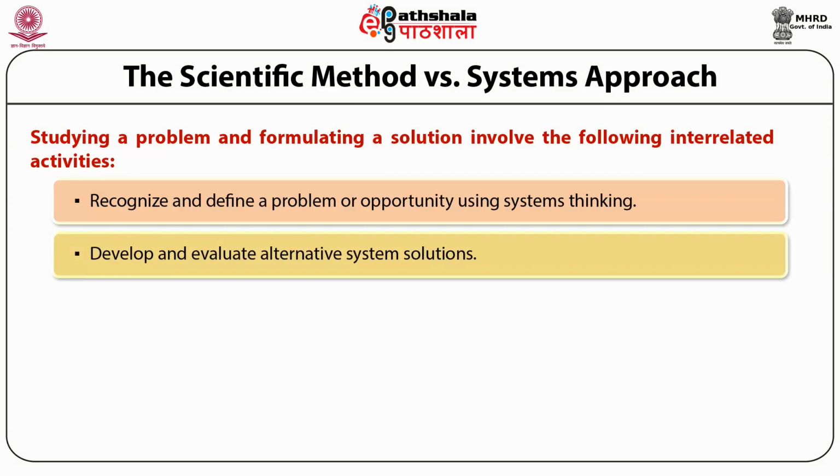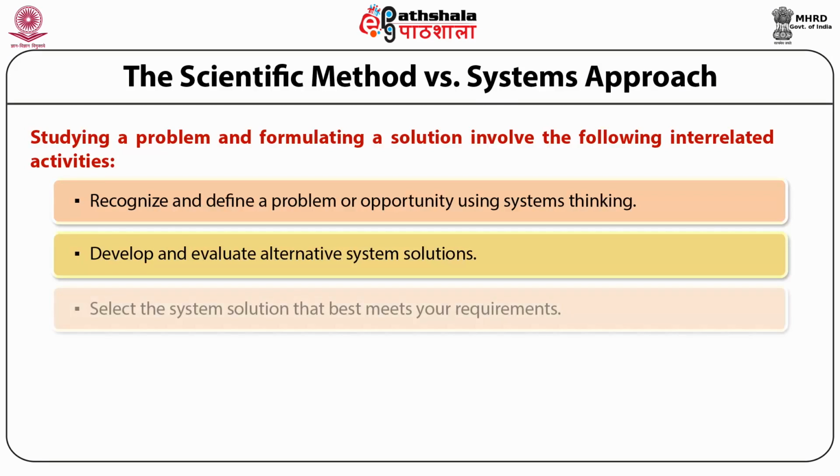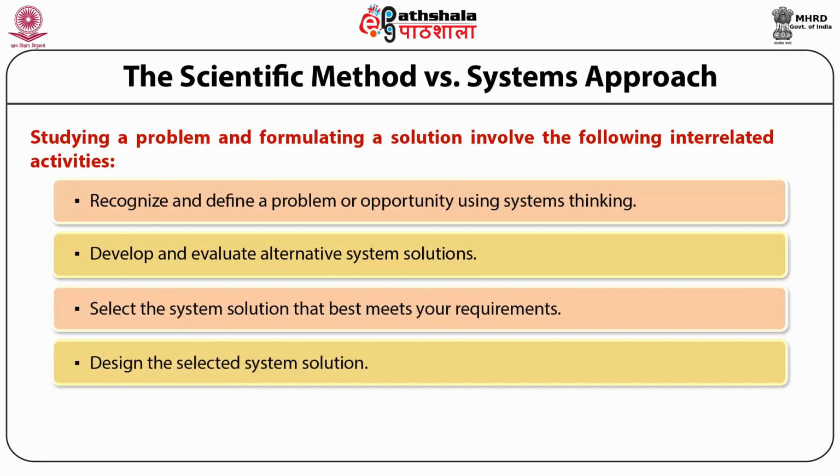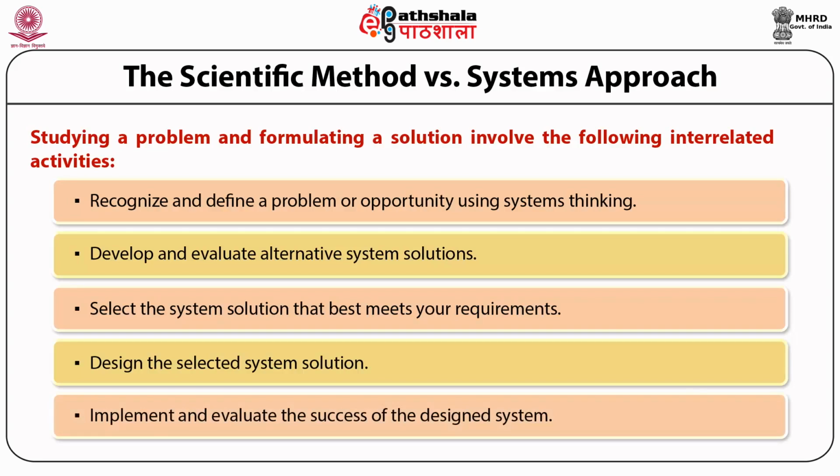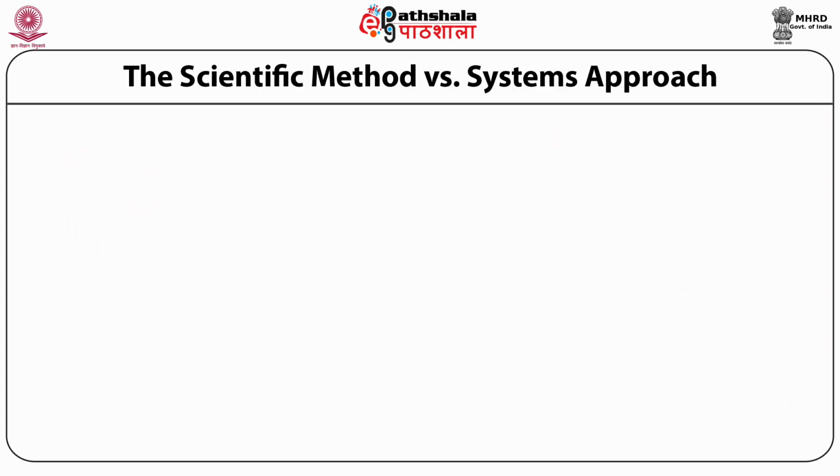Then develop and evaluate alternative system solutions, select the system solution that best meets your requirements, design the selected system solution, and finally implement and evaluate the success of the designed system. So let us now study these interrelated activities in detail one by one.